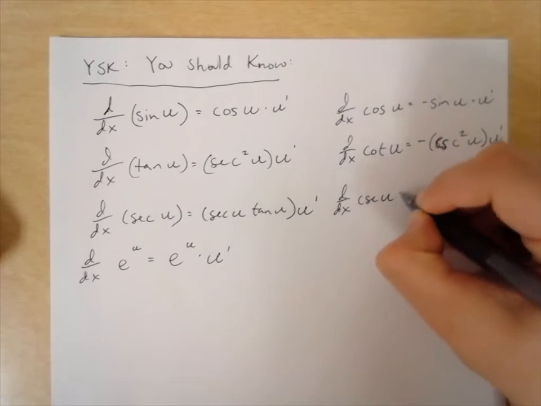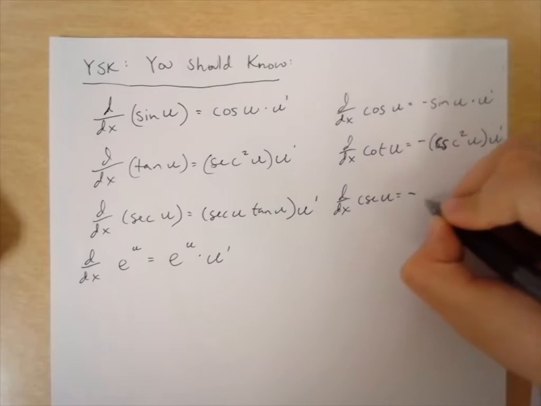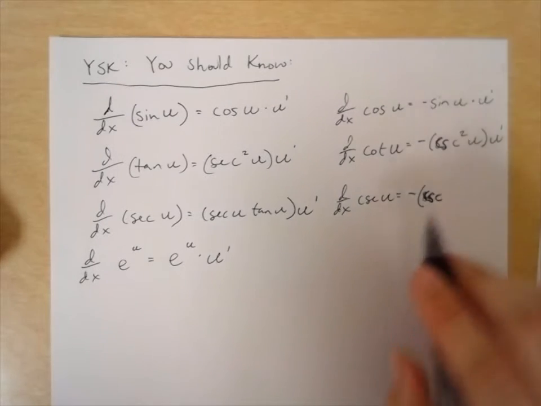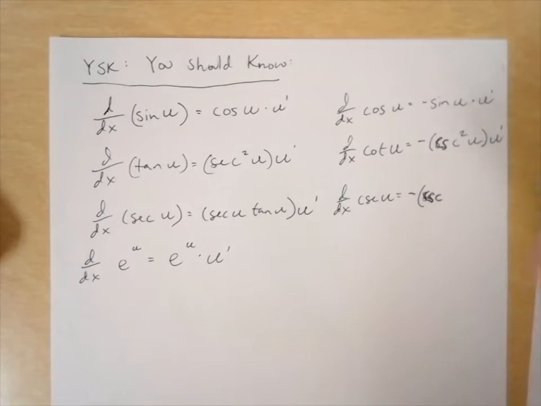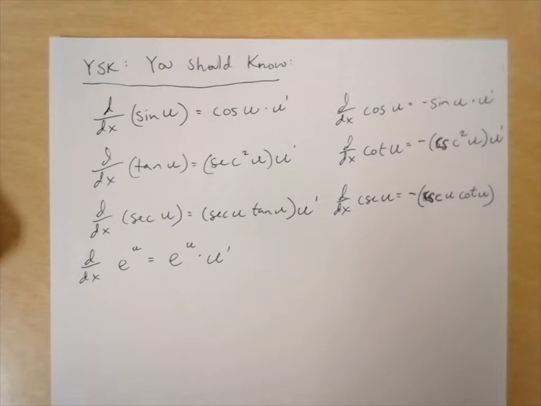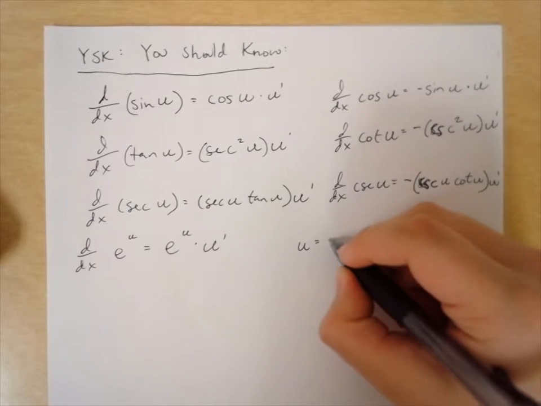The derivative of cosecant would be negative cosecant, so that's a CSC u, cotangent u times the derivative of u. Again, where u is some function.